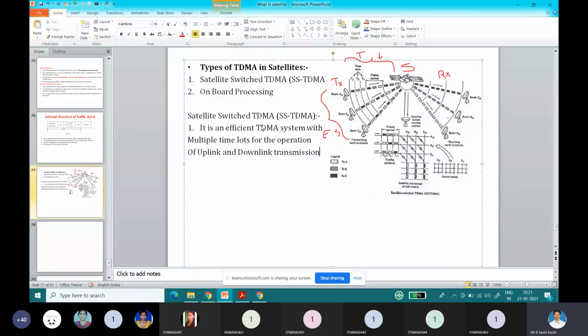It is clearly shown in the figure that multiple time slots are allocated for the uplink and the downlink transmission.